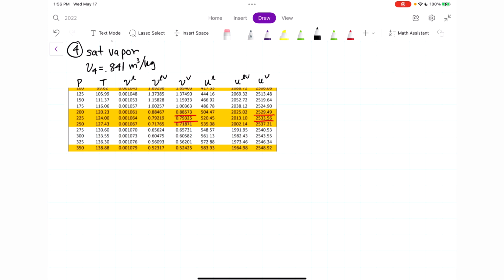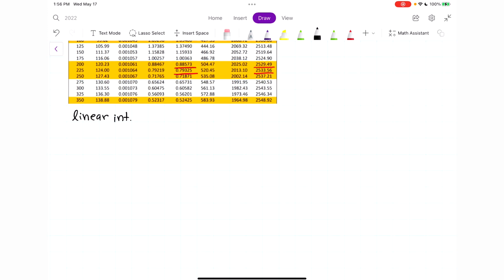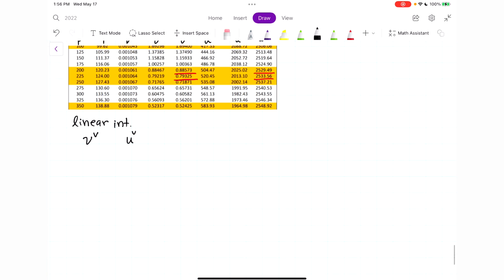It's not that hard. Linear interpolation. We have specific volume, and we're trying to find specific internal energy.